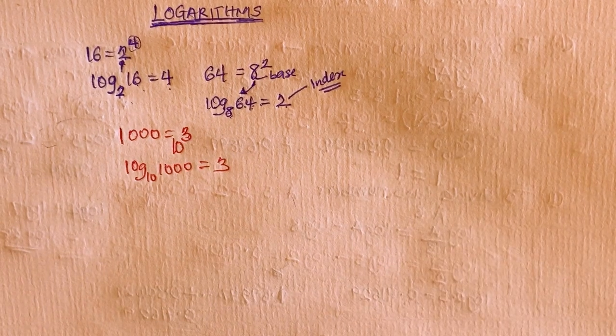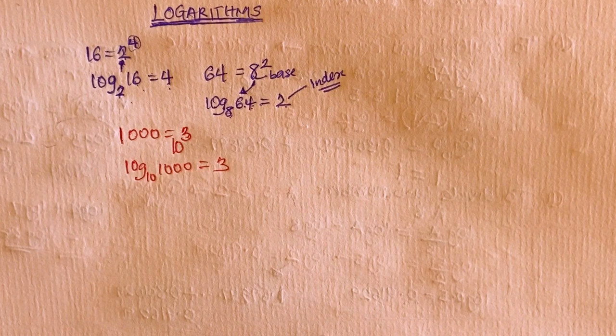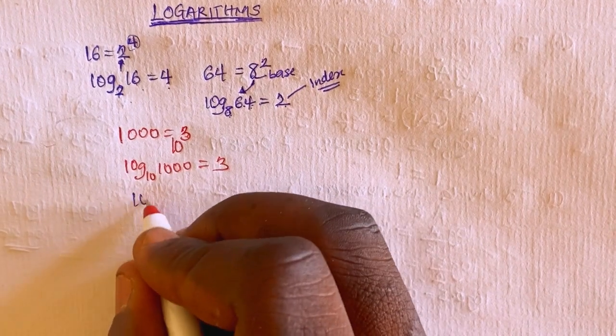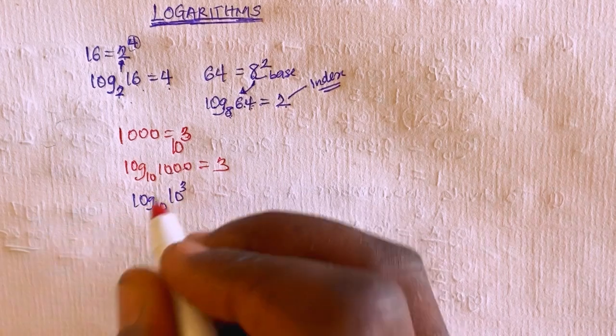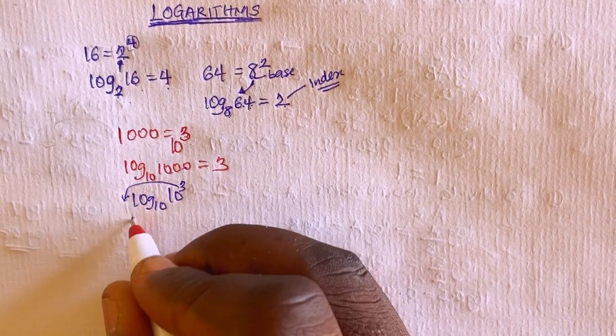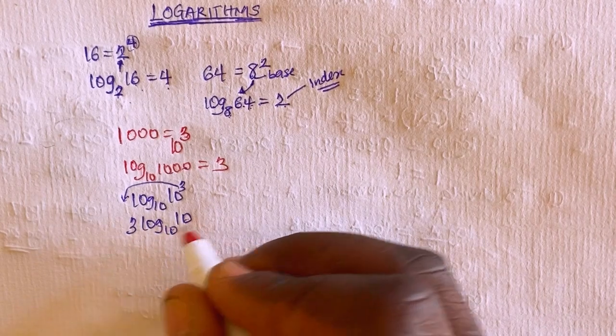And it is actually true, because if you recall the laws of logarithm, that's the power rule. This is log base 10 of 10 raised to the power of 3. You have 3 here, then if I bring the 3 down, I'm going to have 3 log base 10 of 10.